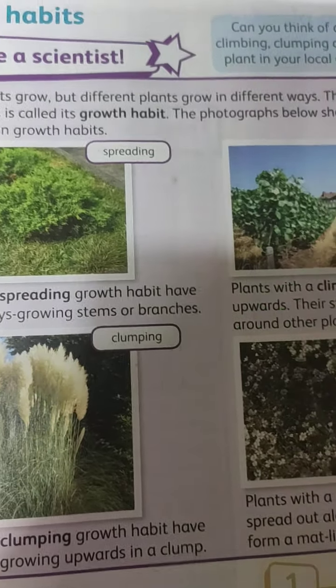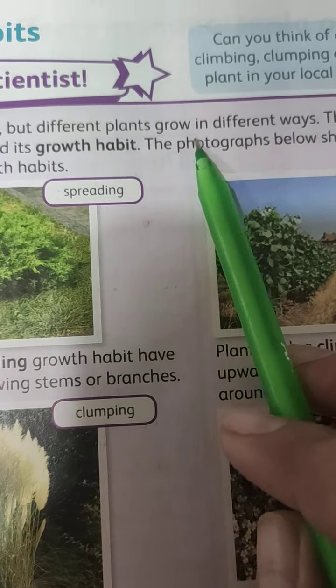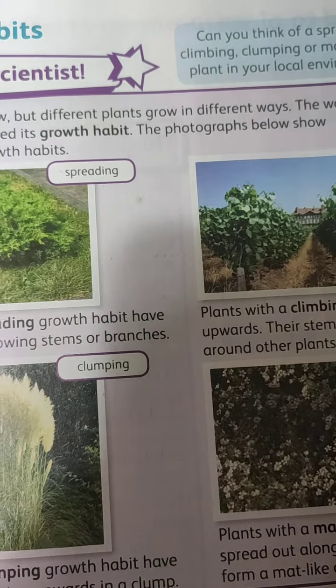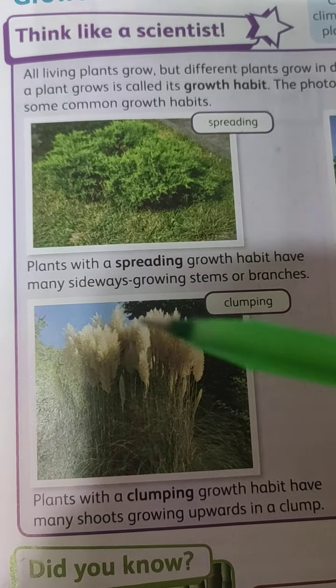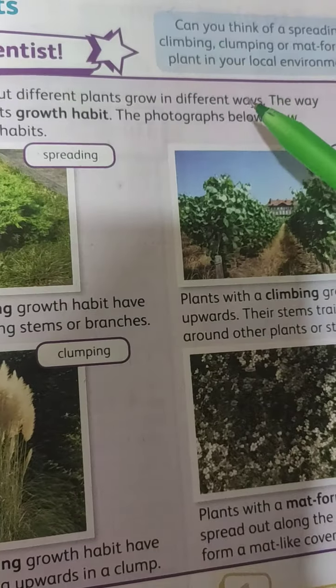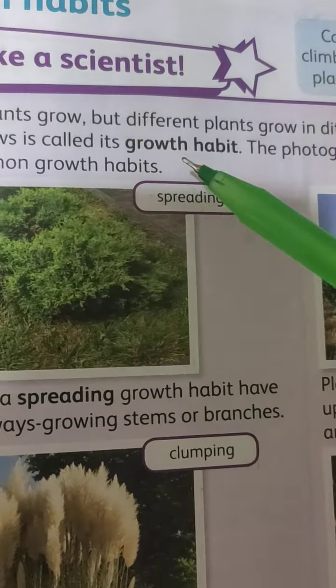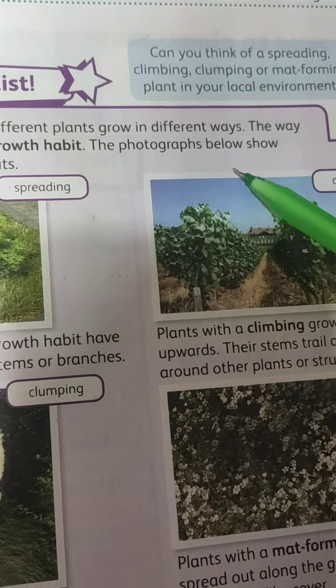Which kind of habits? Their growth habits, meaning their way of growing is different. Every plant has a different growth habit. They grow in a different way. This different way is known as what? Growth habit. Fine.